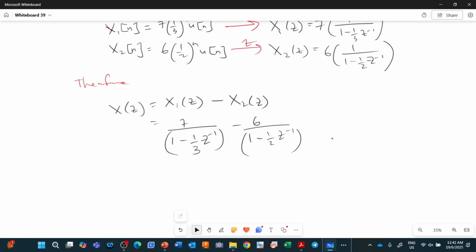So what was the question? The question is to find the z transform, right? So how do you find the z transform?